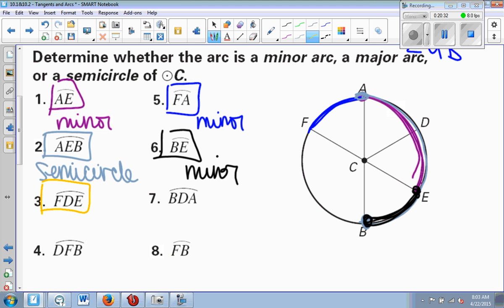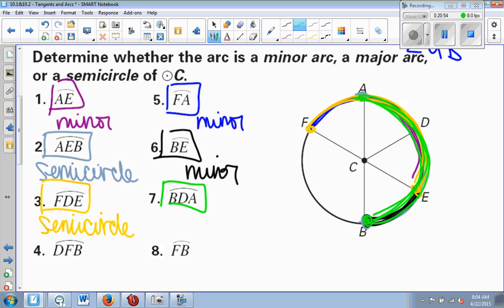FDE, start at F, go to D, go to E, so that again is half of a circle, so that is a semicircle. BDA, we'll start at B, go to D, go to A, again half of a circle, so that's a semicircle.